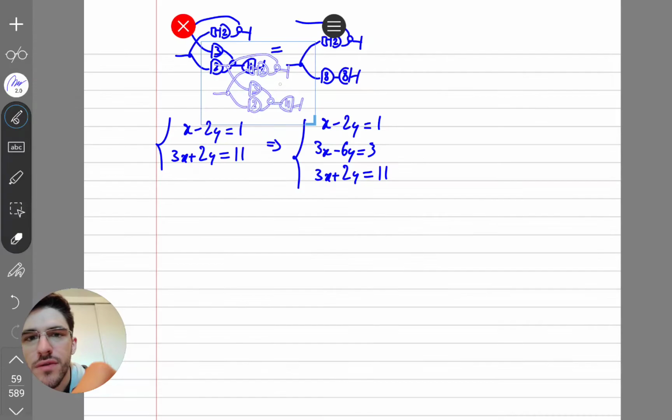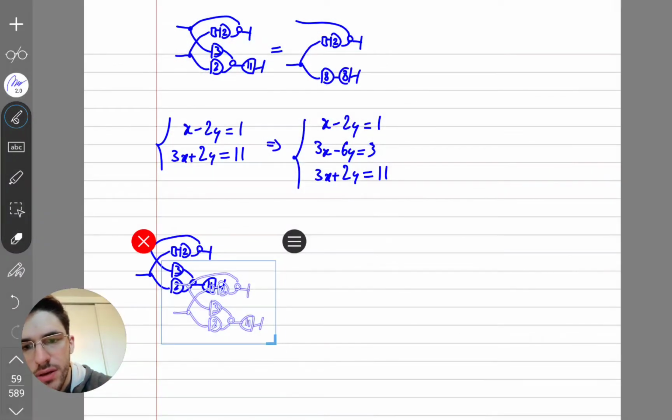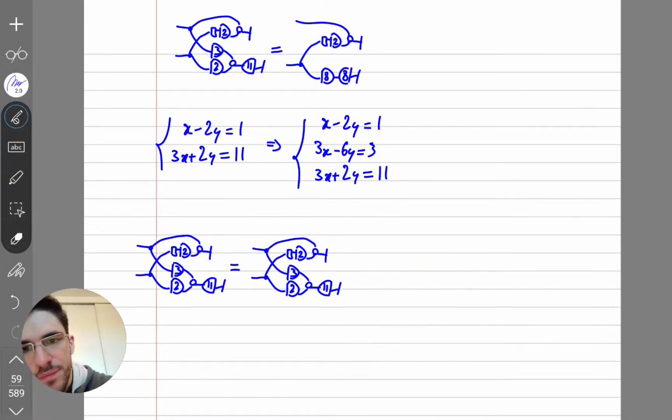The first step is I want the x here to match the x here. I think the way I would do it graphically is by sliding the 3 over there. So this 3 slides over there and then gets duplicated like that.